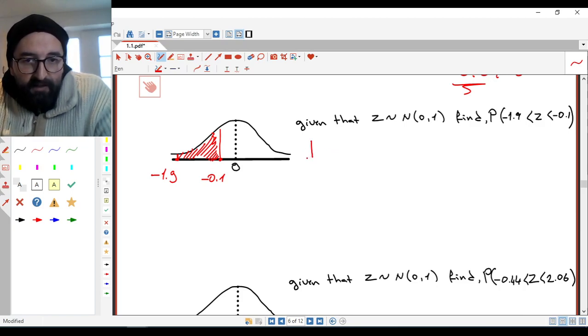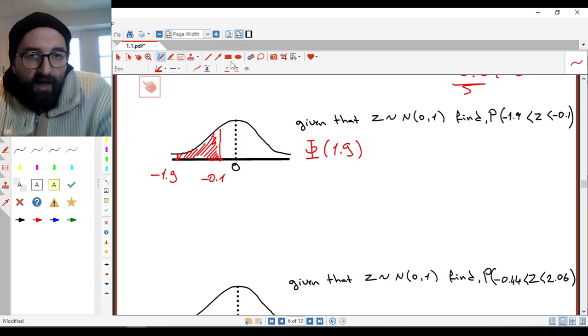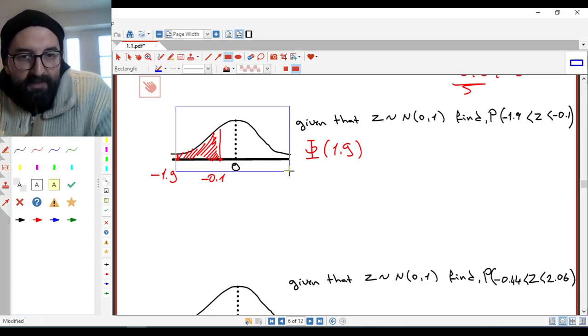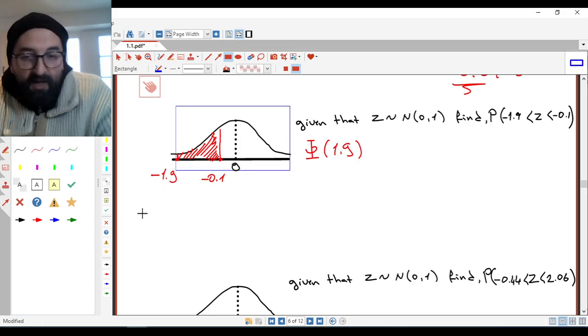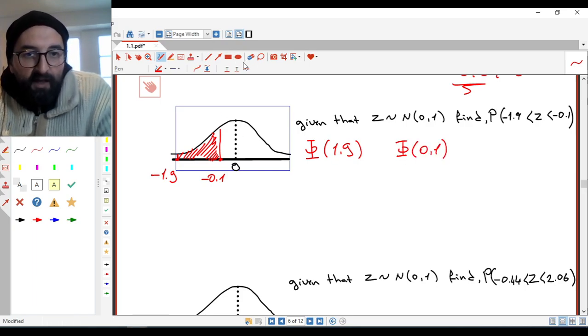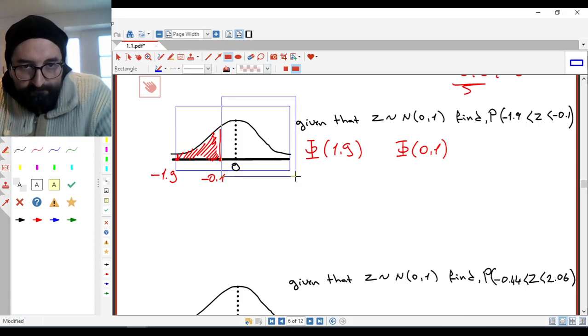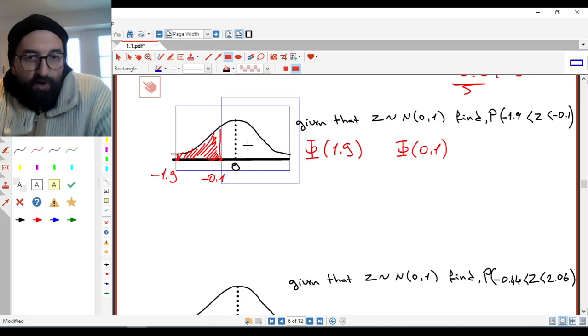If I find phi 1.9, I can see the big area which is separated by negative 1.9. If I find phi 0.1, I can find the big area which is separated by 0.1.